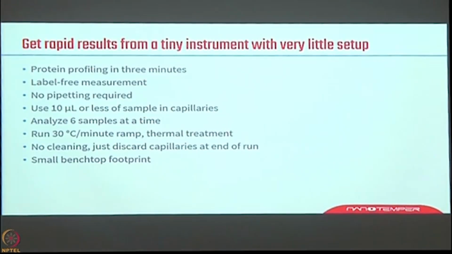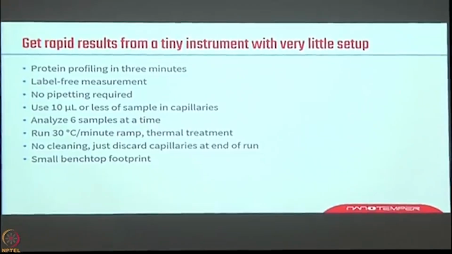It is a label-free measurement. In other methods one of the partners is labeled, but here you are not labeling. It is the intrinsic protein fluorescence that we are checking, which gives you a label-free inflection temperature, which is equivalent to the melting temperature. You are similarly using capillaries, and the volume you are using is less than 10 microliters.